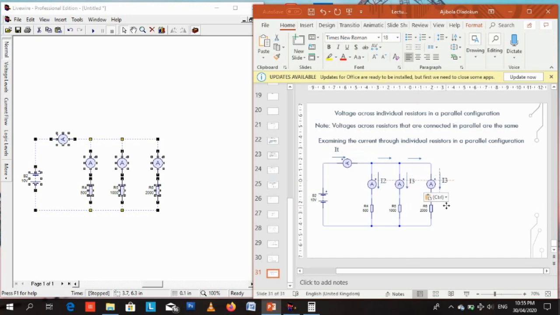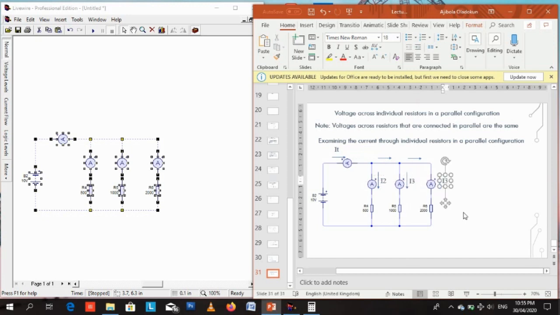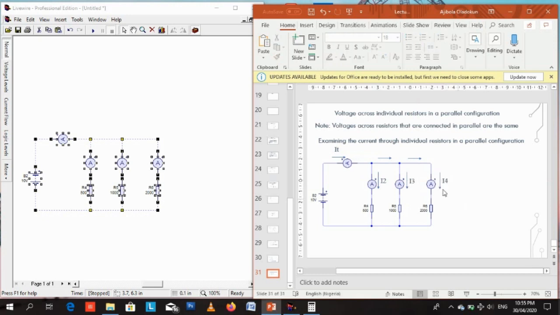And then the last one, let's call it I4. So I2, I3, I4. When IT branched into two currents, one was I2, and the part that continued going forward will be I3 plus I4.